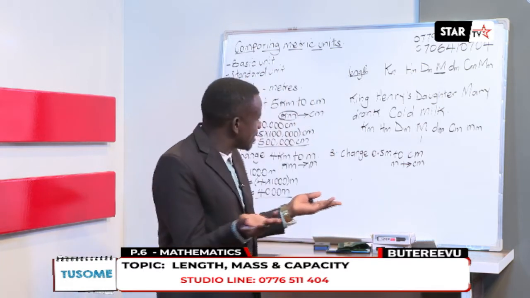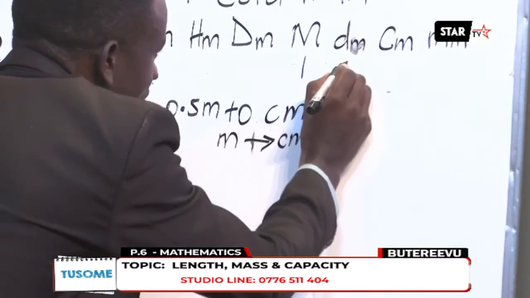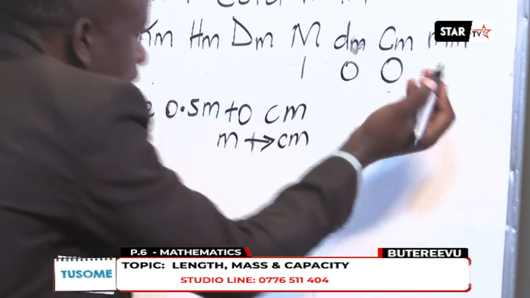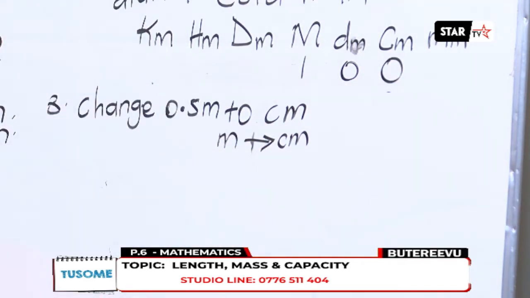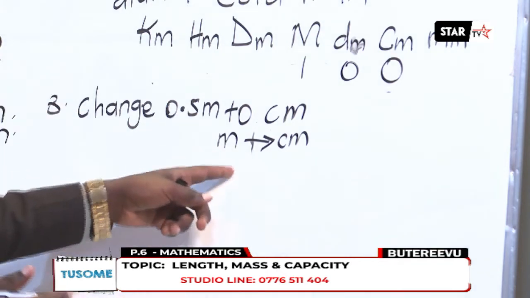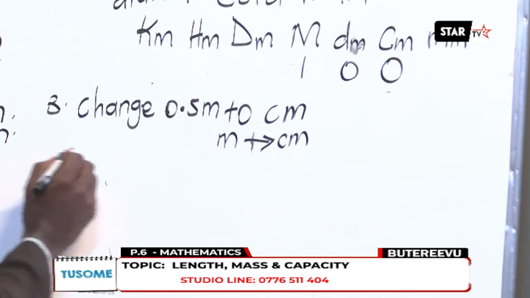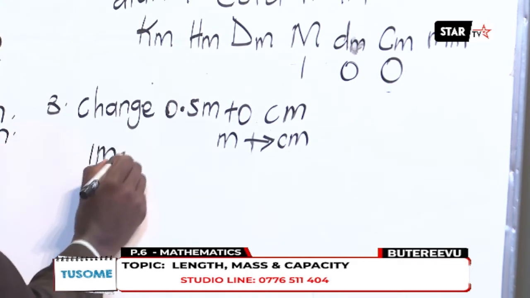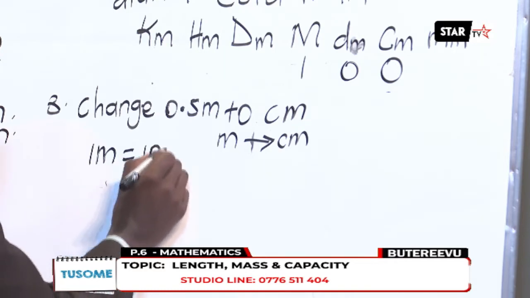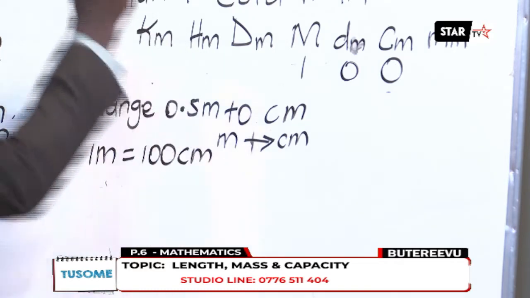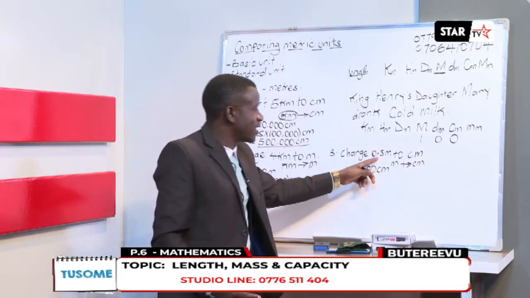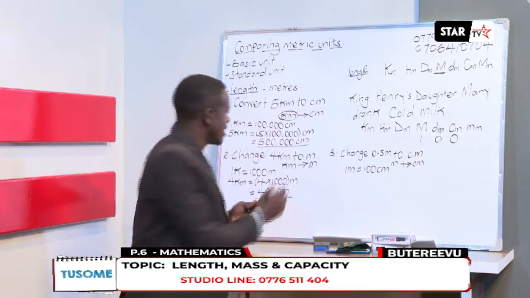This would be 0, then 0. I can't proceed because I'm changing to centimeters. Therefore, 1 meter is equal to 100 centimeters.